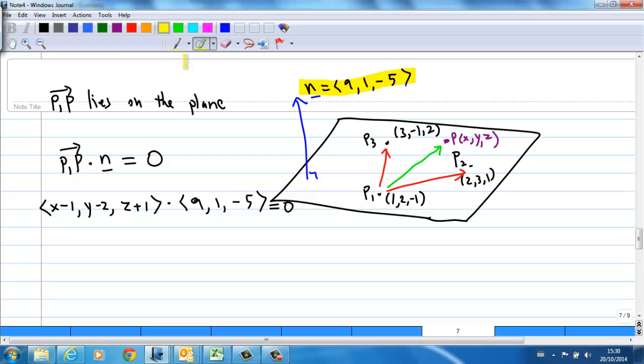Carry out the dot product. I have 9 times (x minus 1) plus 1 times (y minus 2), which is y minus 2, minus 5 times (z plus 1), which must give you 0.